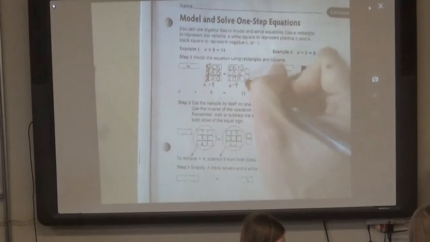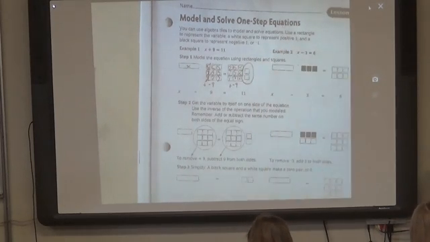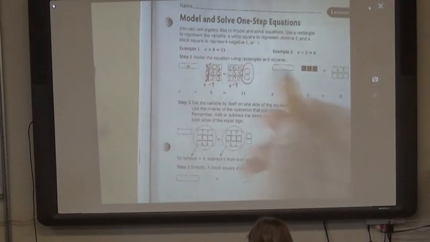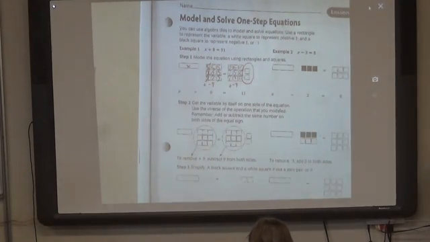And what would be left? 2. That proves the answer. By adding negative 9, we proved that x equals 2. Okay? This is all we're doing, is adding a number to both sides in order to prove an answer.